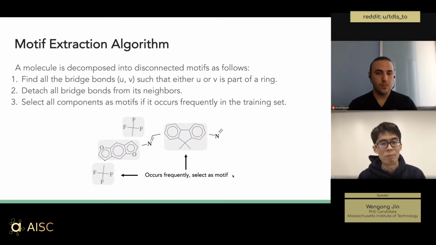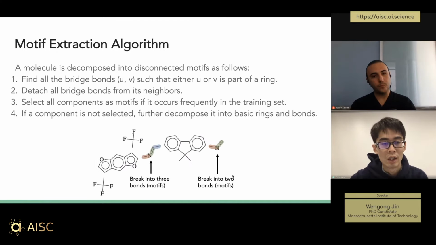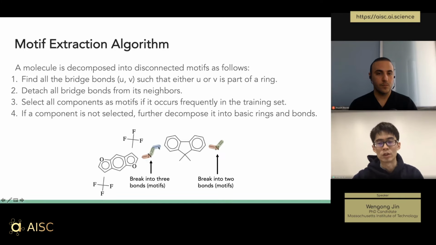I will select all the components as motifs if they occur very frequently in the training set. Here we set the frequency lower bound to be 100. So if a component does not appear more than 100 times in the training set, we will further decompose it into basic rings or bonds, just as in the junction tree VAE.